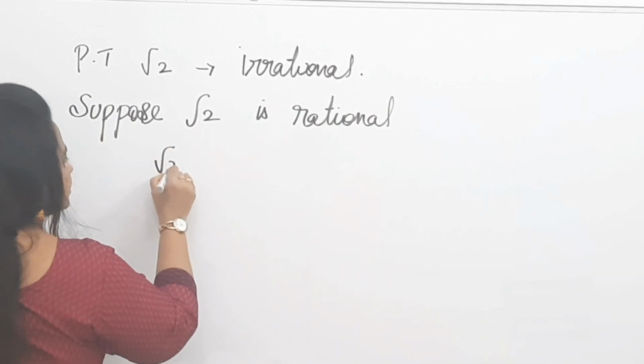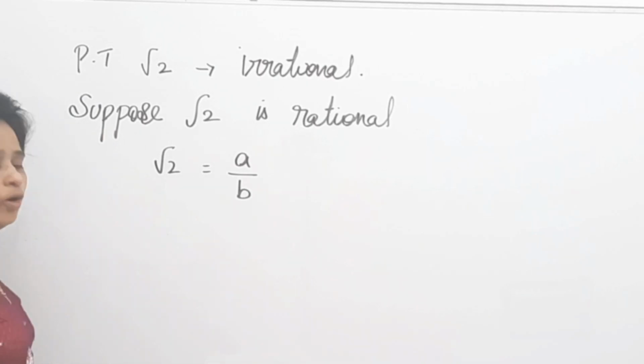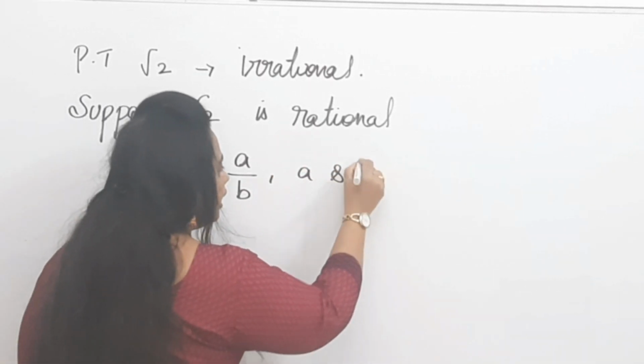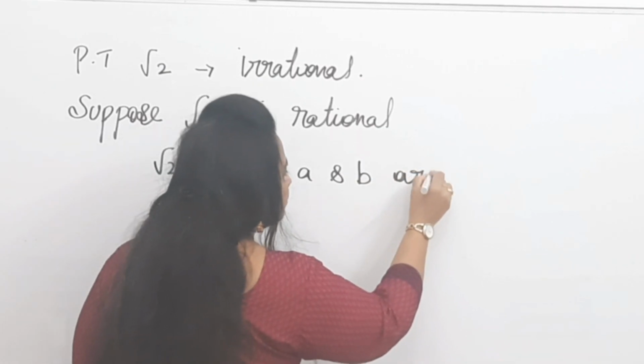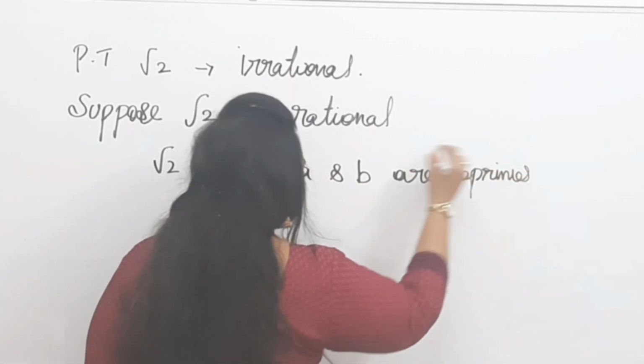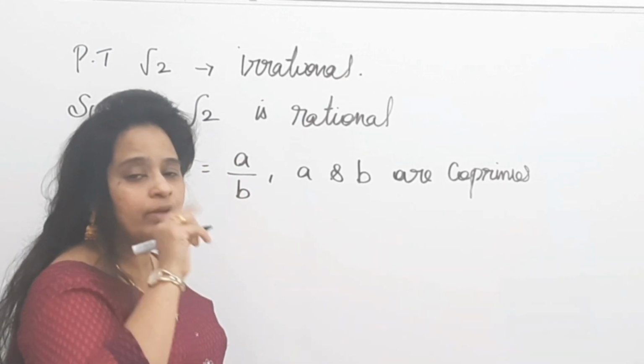If it is rational, I should be able to write this in the form a by b, where a and b are co-primes. What do we mean by co-primes? They have HCF as the number 1 only.